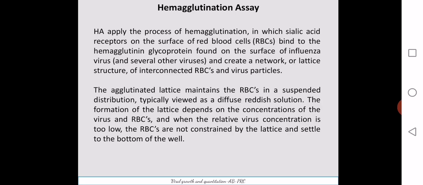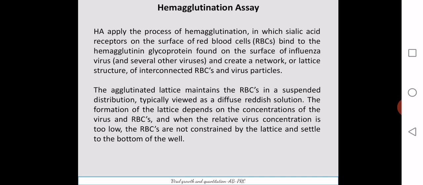Then hemagglutination. In this process, the RBCs bind to the hemagglutinin glycoprotein found on the surface of certain viruses like influenza viruses. So they create a network, and this lattice formation leads to agglutination. So if virus is provided, it will give you an agglutination. In a serially diluted sample, if you provide virus and RBCs, based on the concentration of the virus, you will get different degrees of agglutination.